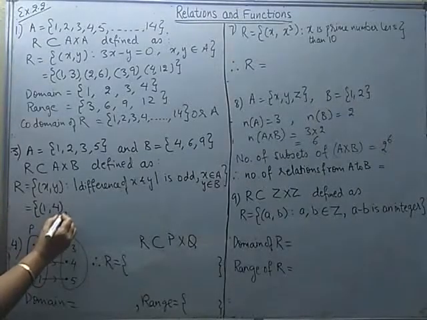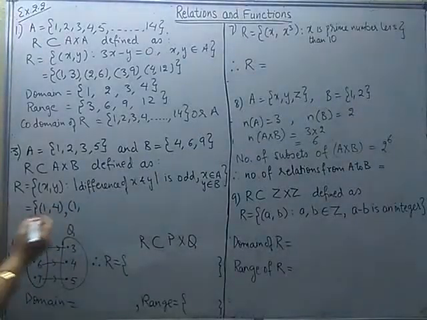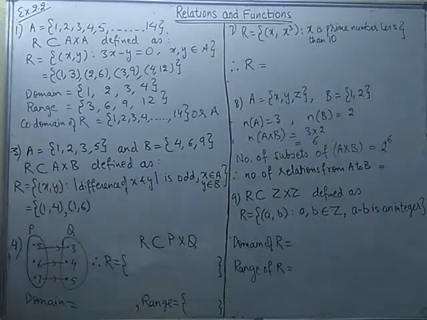So 1 can be paired with 4, then 1 can be paired with 6 as well, because 1 minus 6 will be minus 7, and if we take its numerical value only, ignoring the sign because we are taking modulus, it will be only 5, which is odd. Then 1 cannot be paired with 9 because the difference will come out to be even.